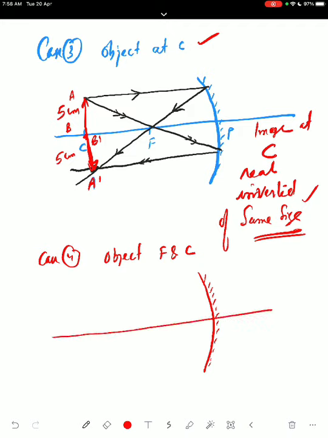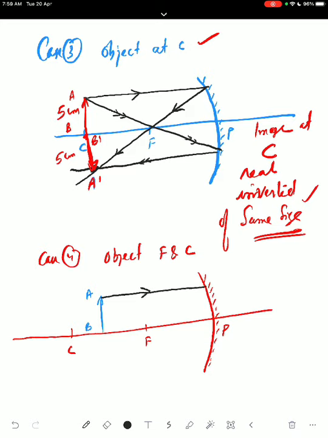Principal axis, P, F, and C. Now the object is here, between the principal focus and the center. The first ray of light from the object, as usual, we take parallel to the principal axis.